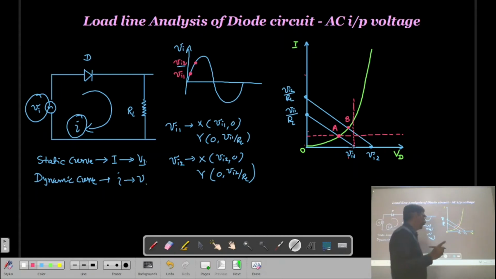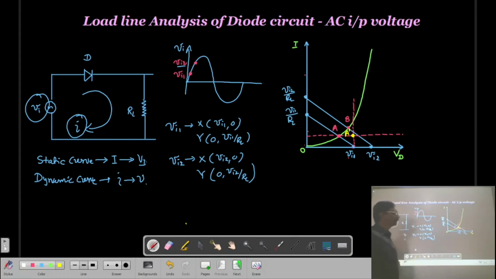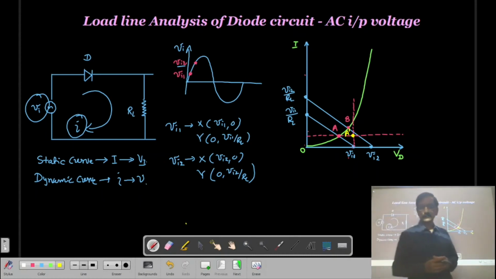Here you will get another intersection point, and this intersection point we call A dash. So what is A dash indicating?